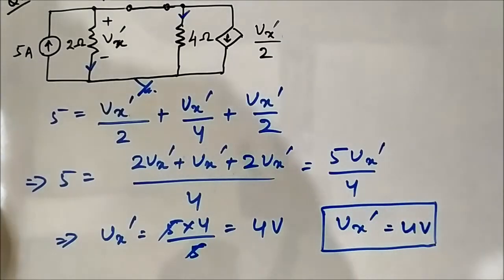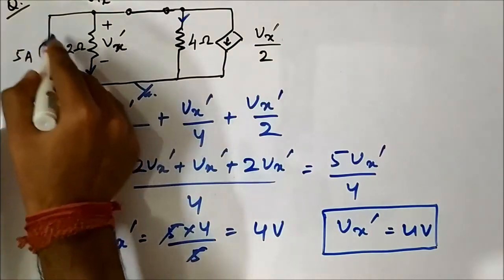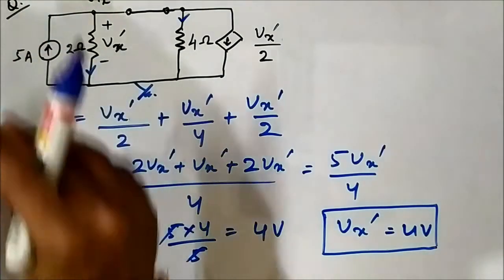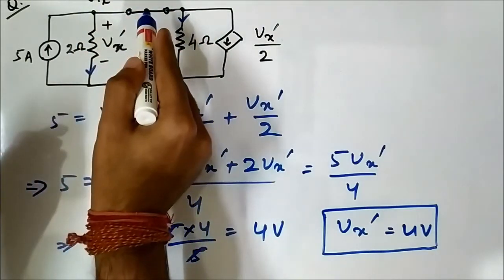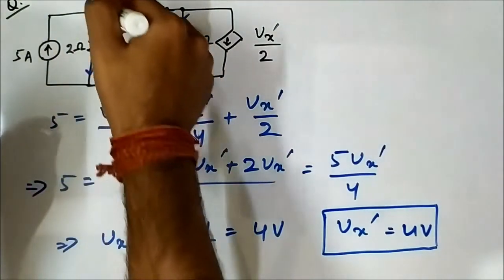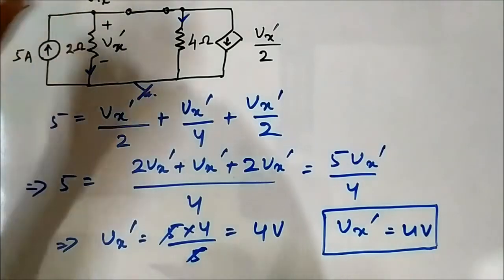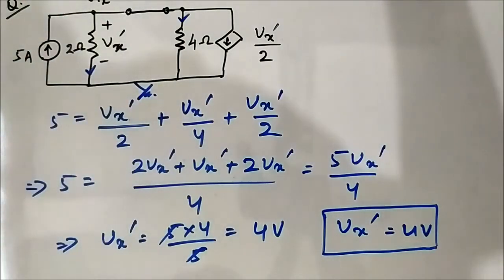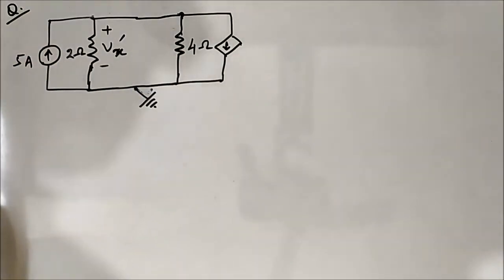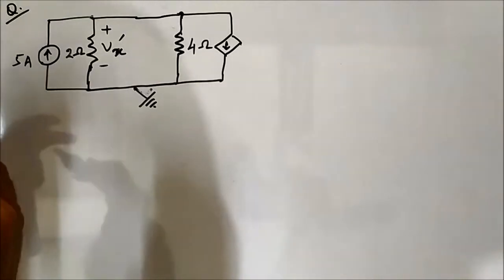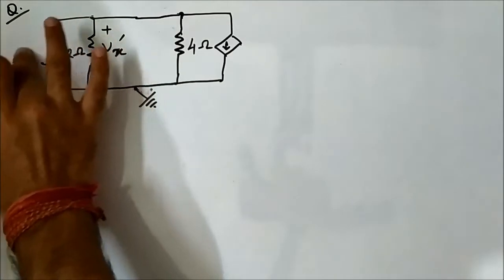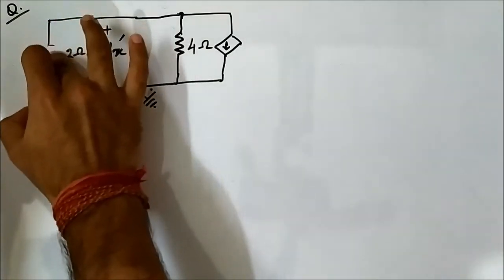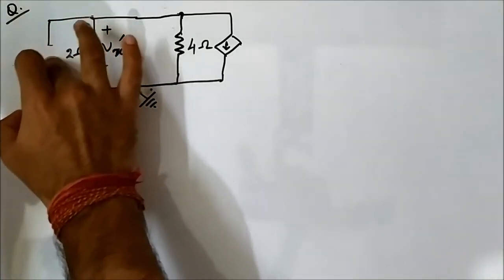Now in the next step we will deactivate this current source, that means open circuit it, reconnect the 6 volt voltage source, and then again determine this voltage. Okay, so let us do that. So in step 2 we will consider this 6 volt voltage source, neglect or deactivate the 5 ampere current source. How to deactivate it?